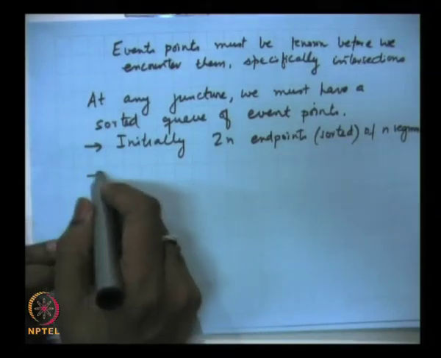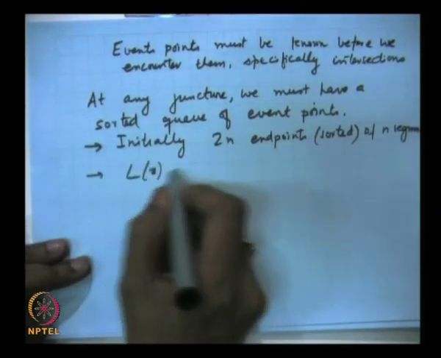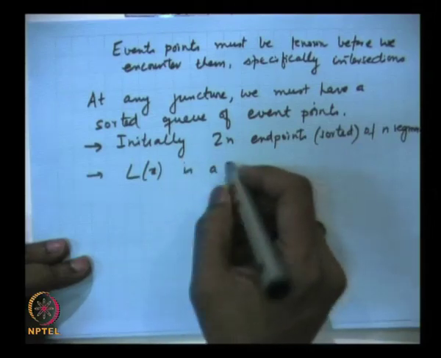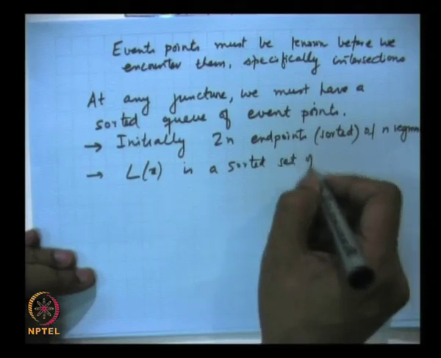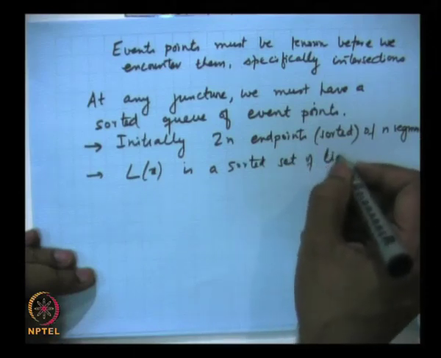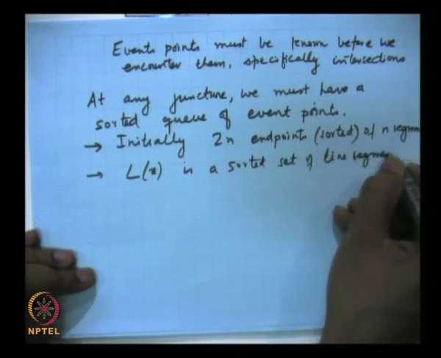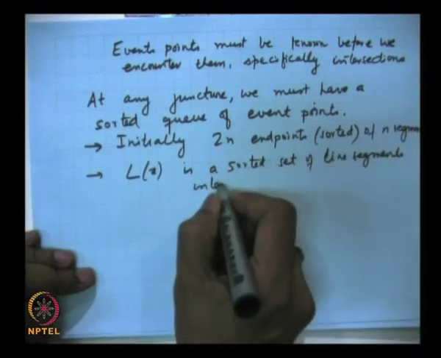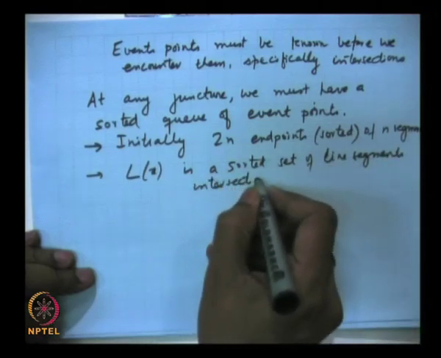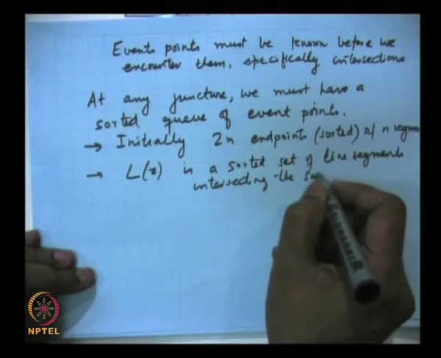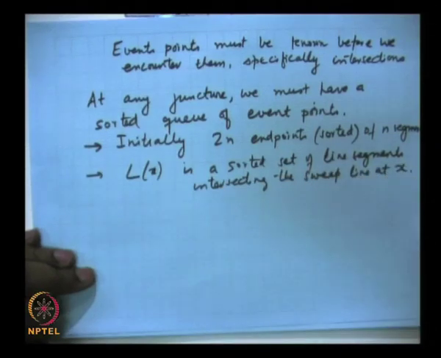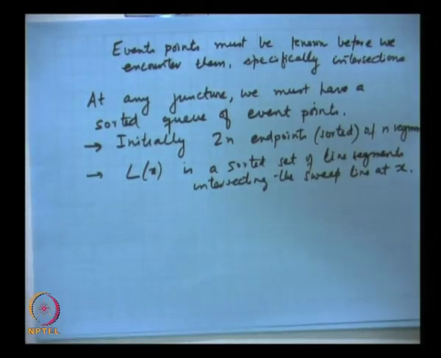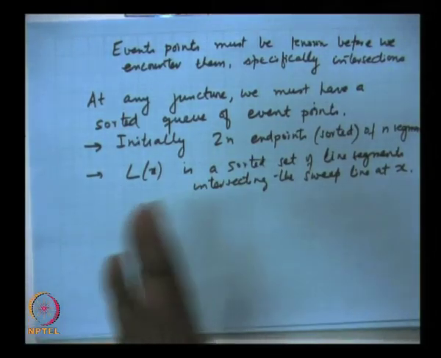And you know that L of x is a sorted set of segments intersecting the sweep line at x. So, these are the two pieces of information that we will keep, right.